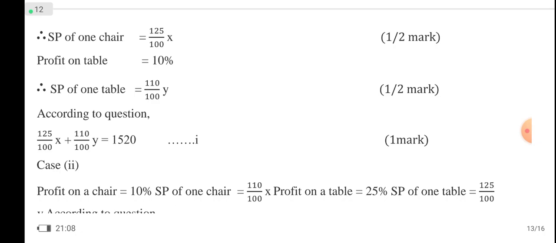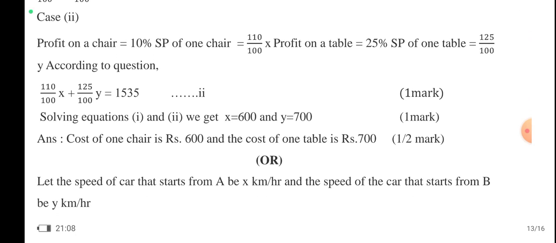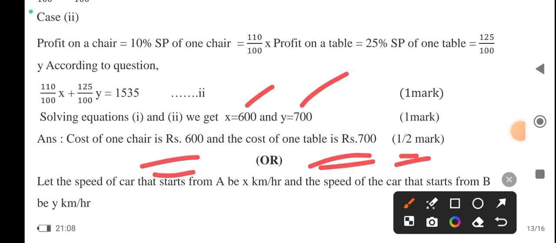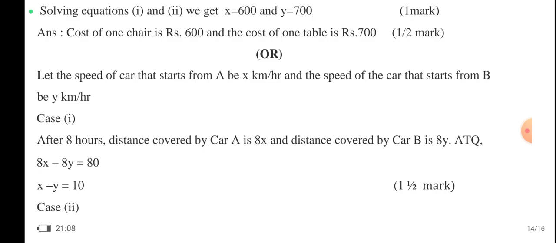According to the question, we will get the equation 125 by 100 x plus 110 by 100 y equals 1520. Case 2: profit on a chair, selling price of one chair. At last we are getting x equals 600, y equals 700. So the conclusion carries half mark, see, conclusion carries half mark. So kindly conclude the answer.